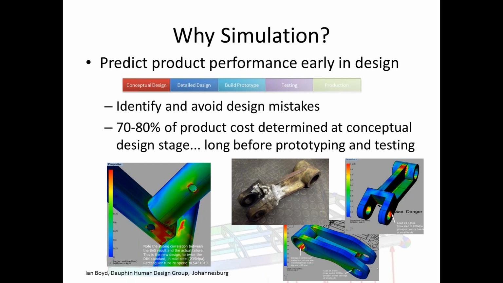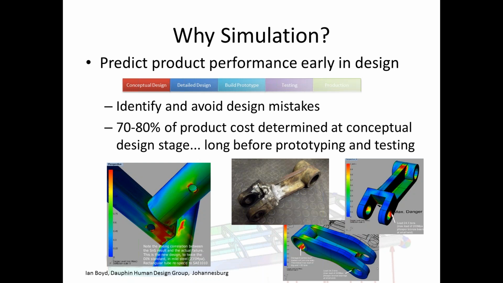So if we can use simulation early in this process like we can with Scan&Solve, we can choose designs more carefully, we can identify problems before they occur, and we can avoid building a lot of the prototyping and testing to destruction. We can actually do the testing directly in the computer, and we can do it directly in Rhino.